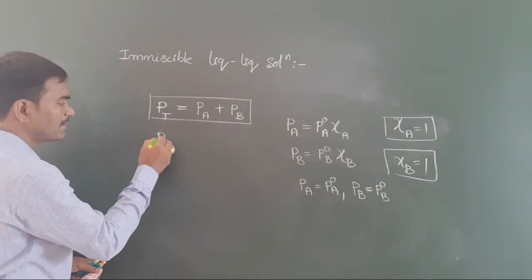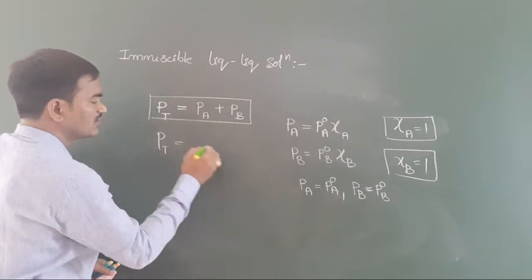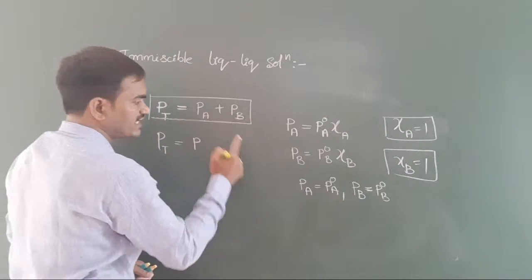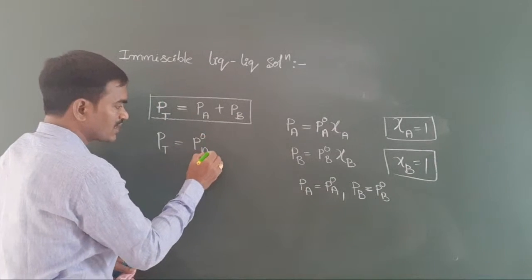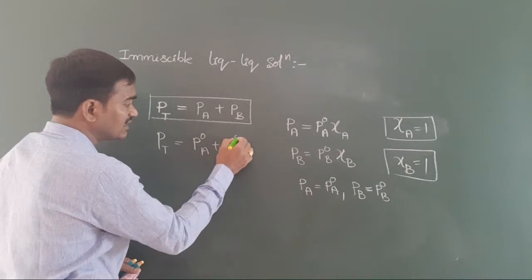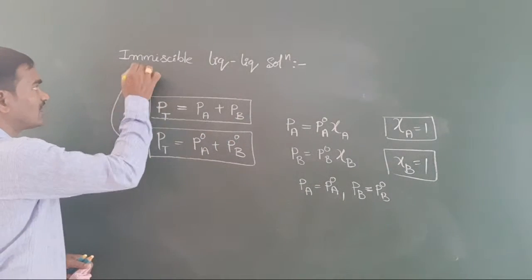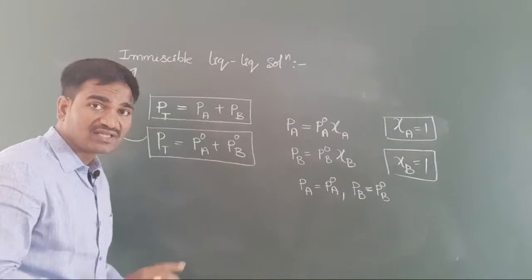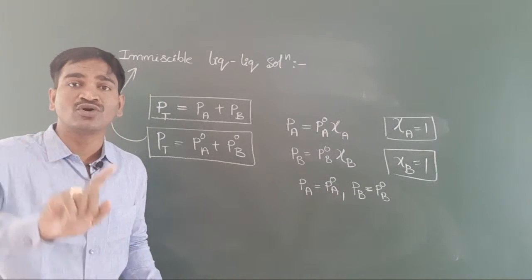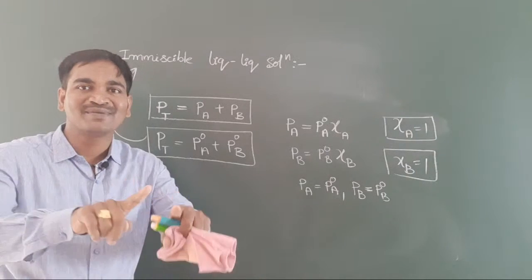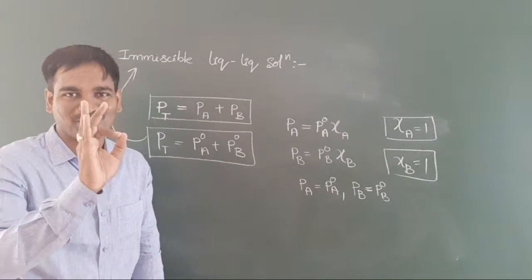That is PT is equal to what? Instead of this, you can substitute P naught A and P naught B. Have you got it? So this is the total pressure of the solution which contains two liquids which are immiscible with each other. What a super point.